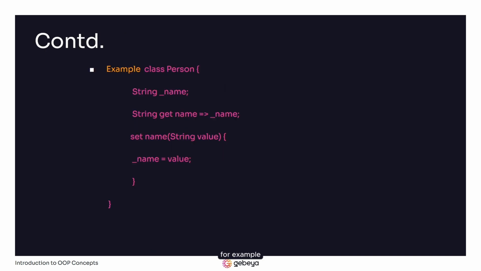For example, class Person, String _name, String get name => _name, set name(String value) => _name = value. In this example, _name is a private property, and controlled access is provided through the get and set methods.